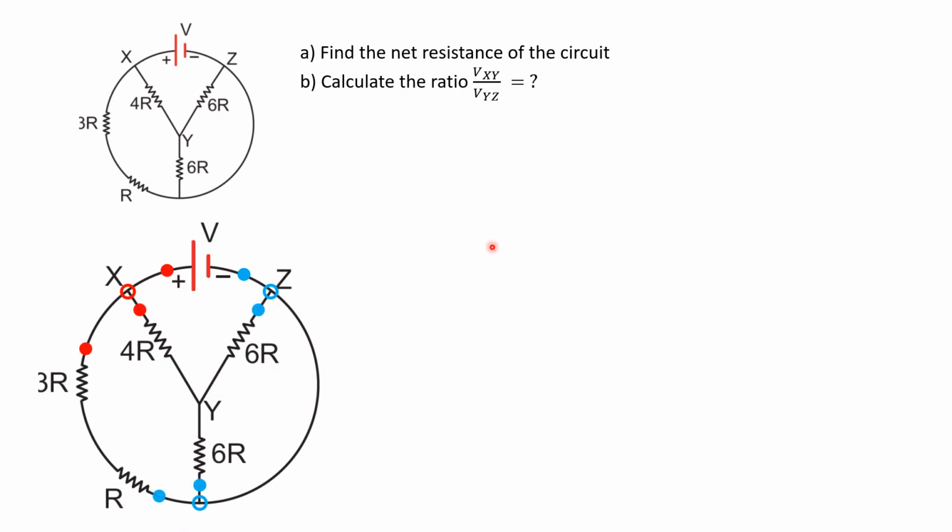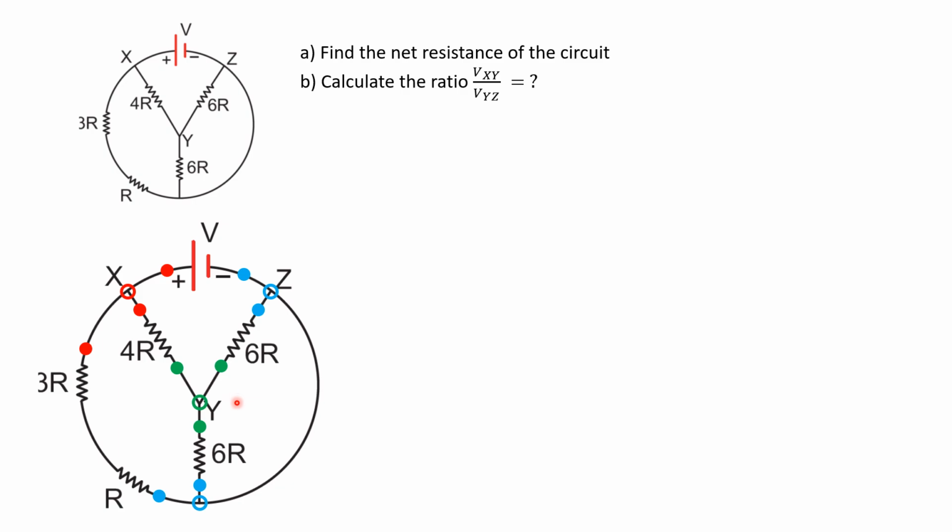That means one end of this battery and one end of this resistor and this resistor have the same connection. Similarly, for this 6R resistor and R, they also share the same connection.